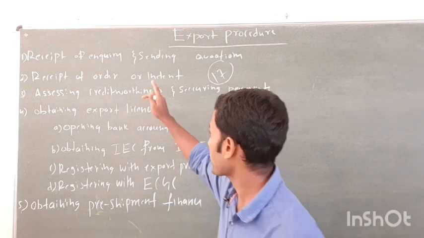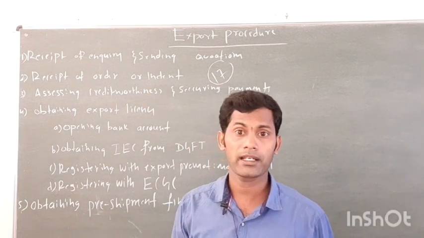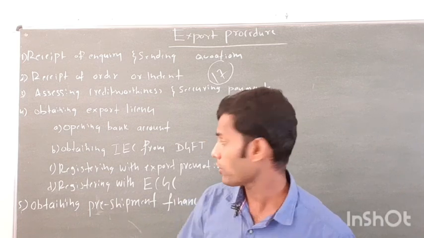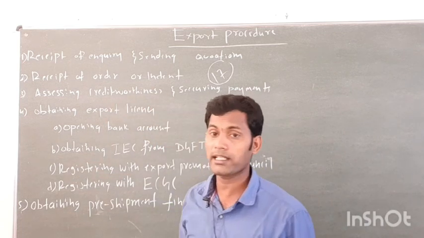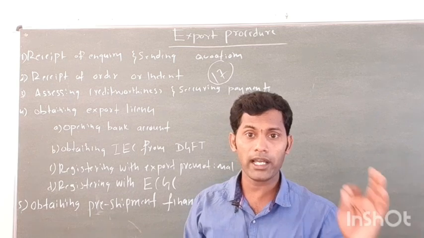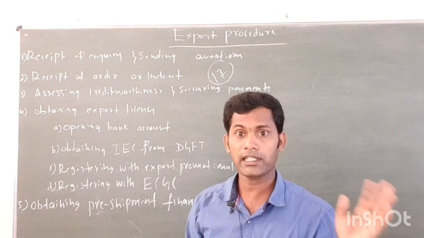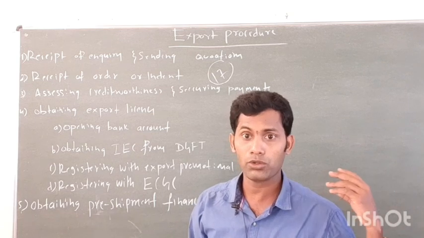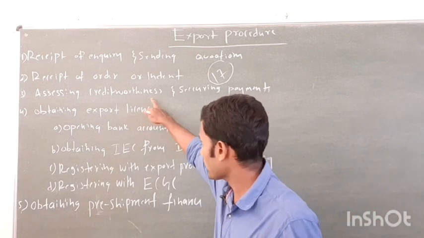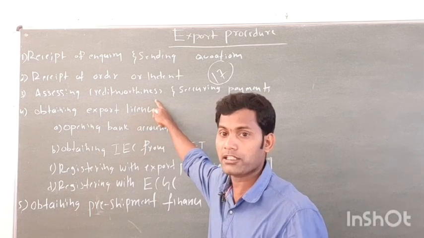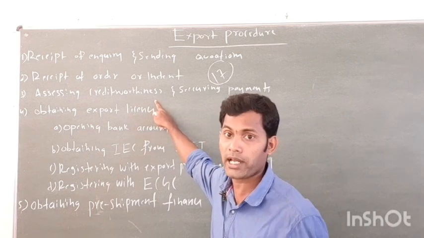That's what we call the creditworthiness of the importer. It means the capacity of the importer to pay the amount after importing the goods. The importer should have the capacity to make the payment after receiving the product.